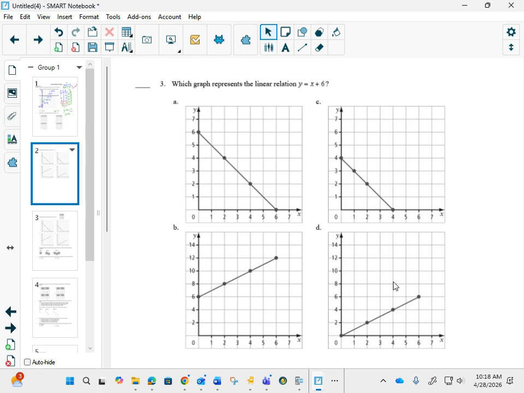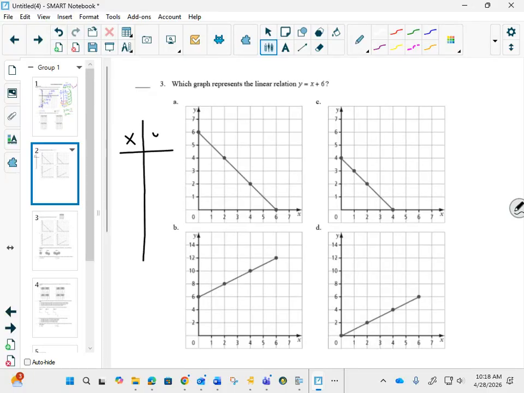Which graph looks at this and says y equals x plus 6? A couple of things you can do. Anytime you have an equation, you can make a table of values. Anytime you have an equation, you can look at the shortcut. So if I was looking at the shortcut, I know that my b is always my y-intercept.